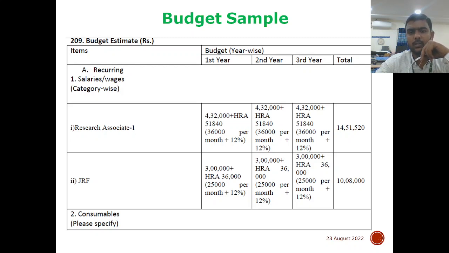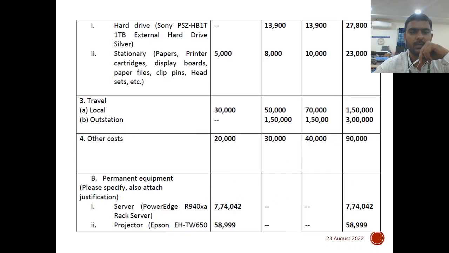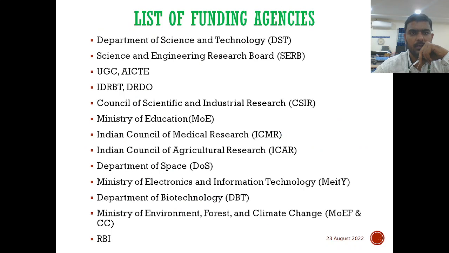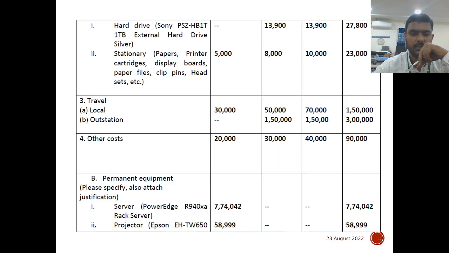How much we need to pay for a JRF and research associate for each year, you need to mention here. Consumables, travel and other costs come under recurring, whereas permanent equipment comes under non-recurring, like if you want to buy a server, projector, computer, or laptop. It depends on your project requirement.